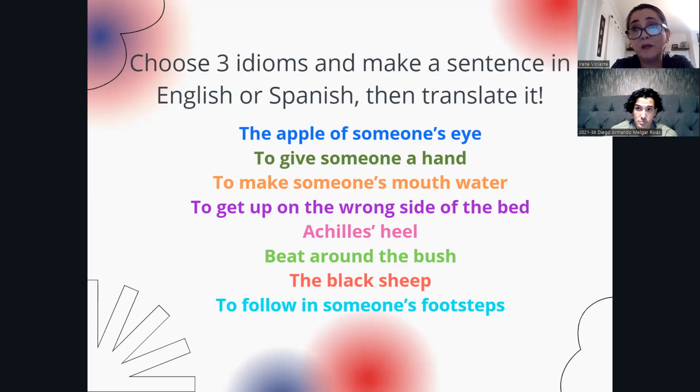Exactly, because native speakers use a lot of idioms, right? So please incorporate them into your speaking. I chose some idioms that are very similar to Spanish, but not all the idioms are like that. Some are completely different.